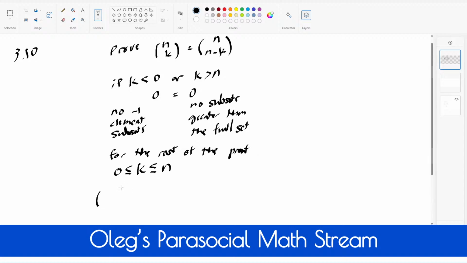We're going to start with n over n minus k, and we can expand this out to n factorial over k factorial over n minus k factorial, but because of what we have here, it expands out to n minus k factorial over n minus k factorial.